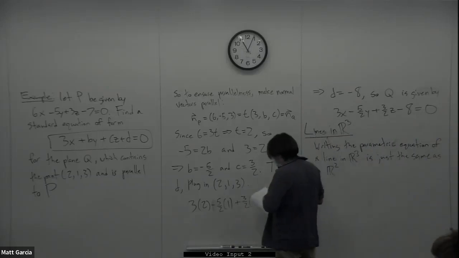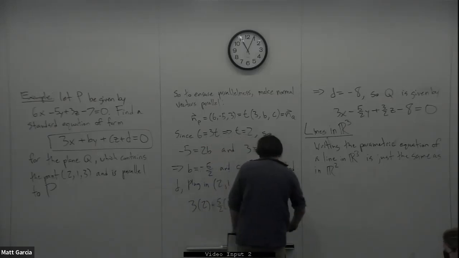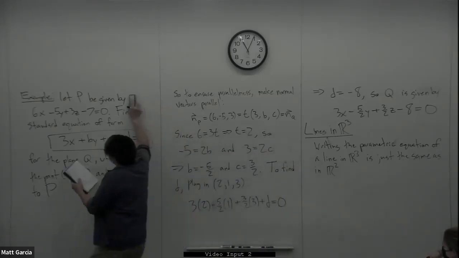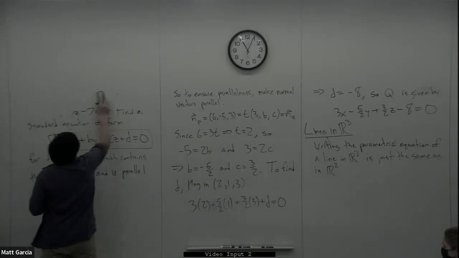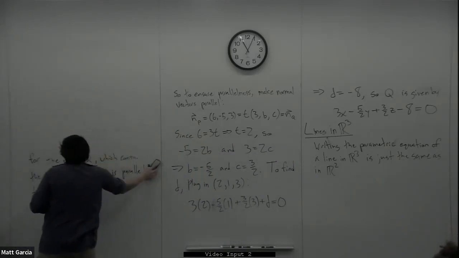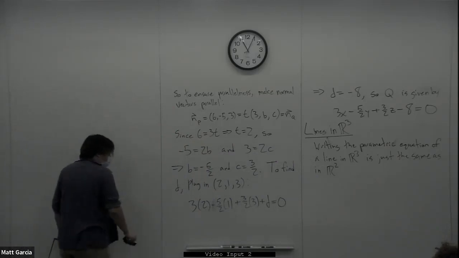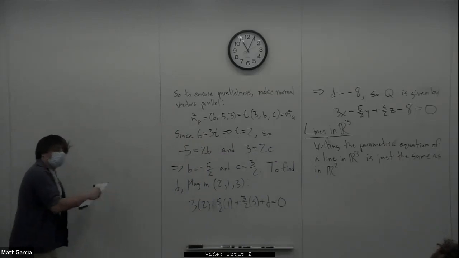What do I mean by that? Well, let me tell you in the form of a theorem. And then I'll ask you to look back at your notes for how we describe the parametric equation of a line in R2 and compare it with what we say here.